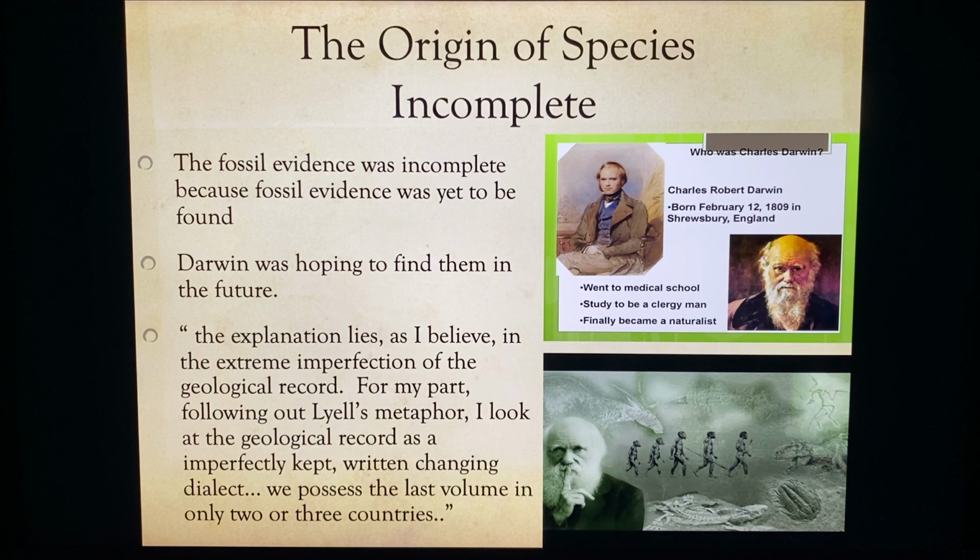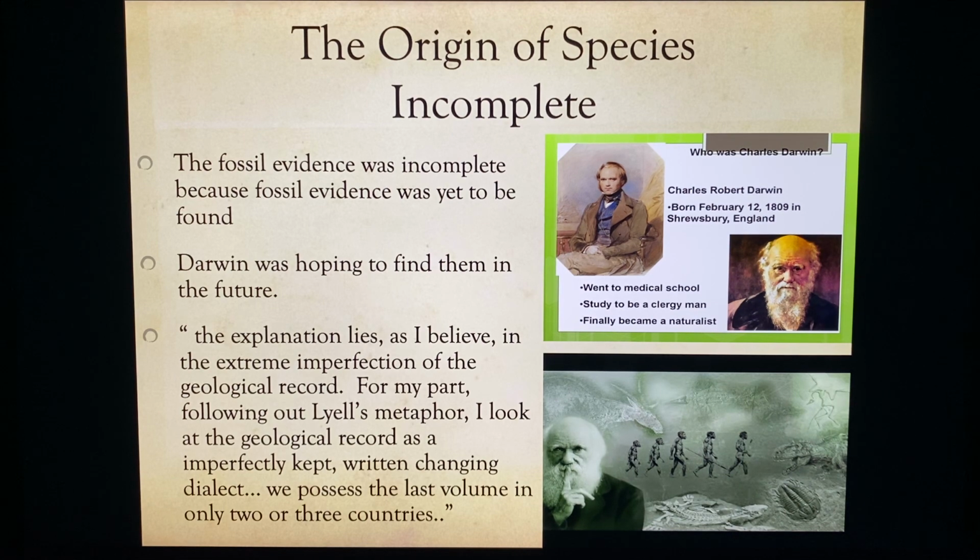His quote is, "The explanation lies, as I believe, in the extreme imperfection of the geological record. For my part, following out Lyell's metaphor, I look to the geological record as a history of the world imperfectly kept, and written in a changing dialect. Of this history we possess the last volume alone, relating only to two or three countries." Who's Lyell? We'll see. He put together the geologic column.